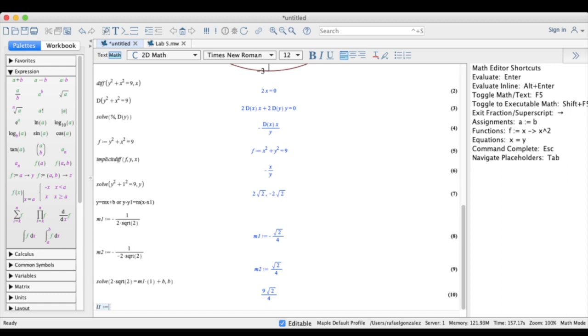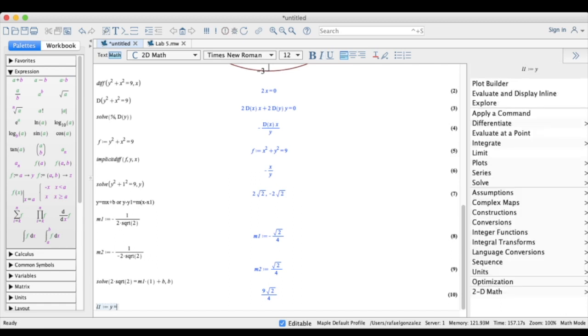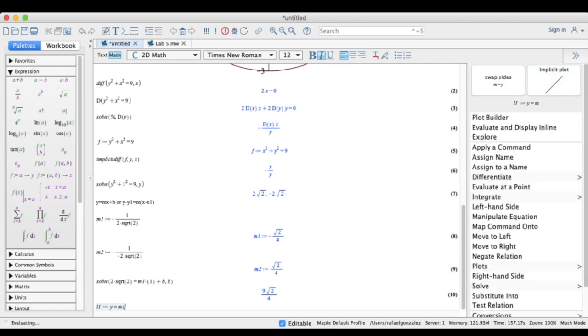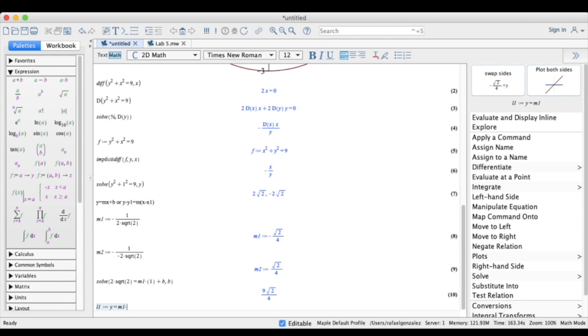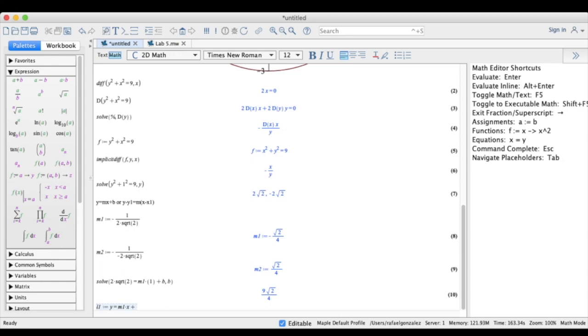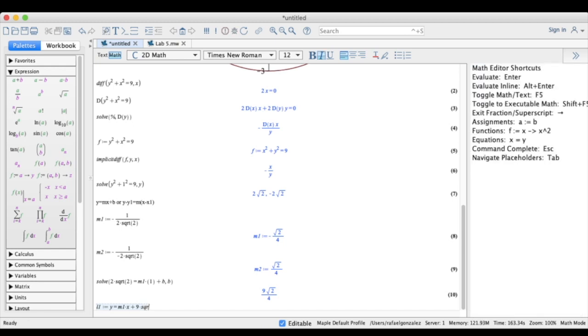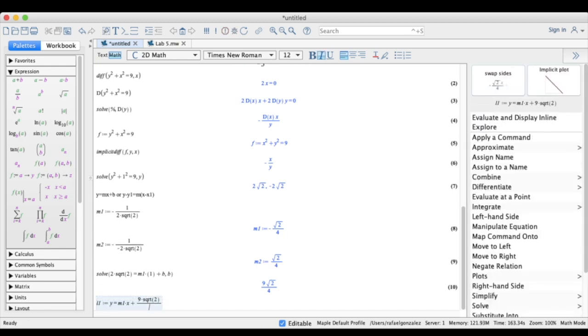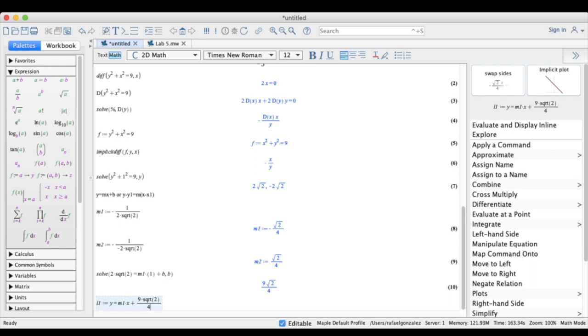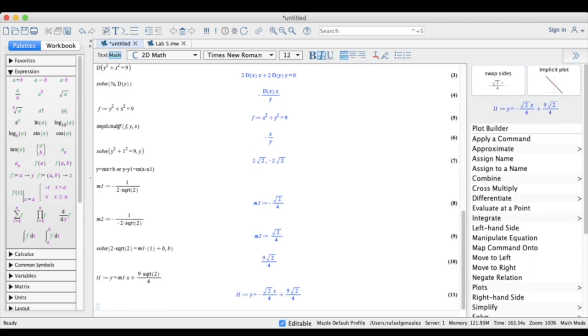It's going to be y equals m1, because I use the first slope, times x plus this result here, which is 9 times square root of 2 divided by 4. Okay, so this is my first tangent line.